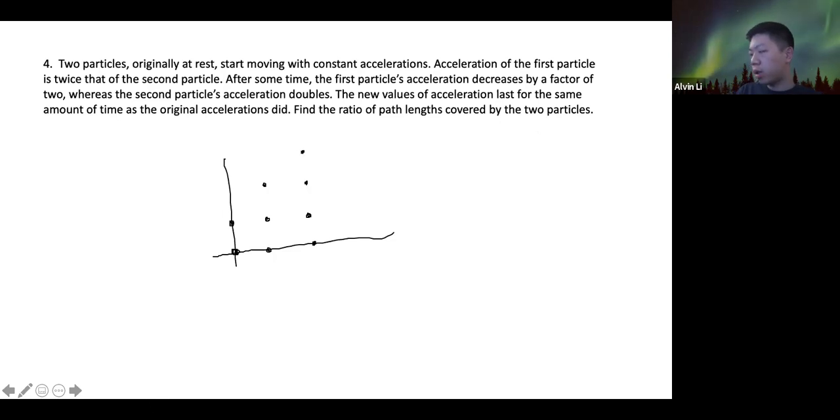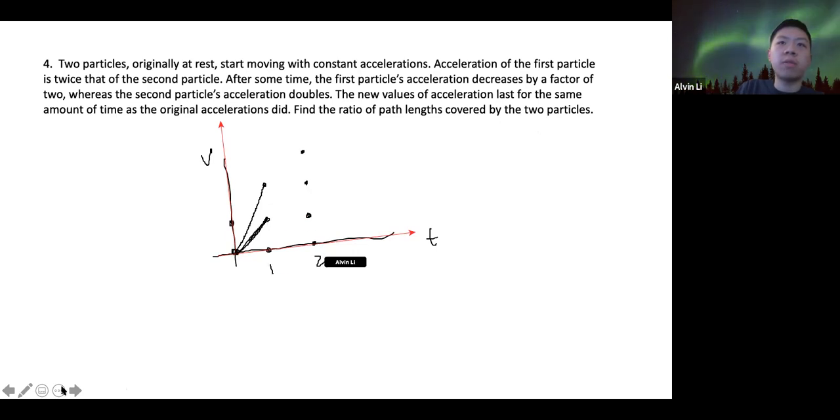Okay, so we can assume the first particle, we're plotting v versus t, right? So the first particle has an acceleration of, let's say, 2. And the second particle has an acceleration of 1, right? So we can draw these two. And then t is 1, right?